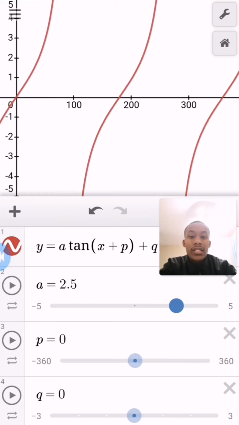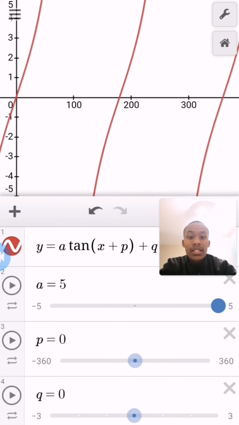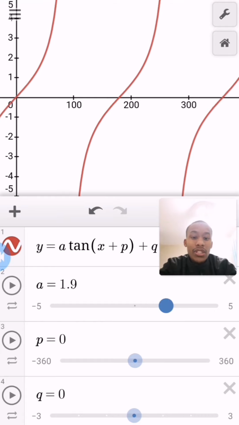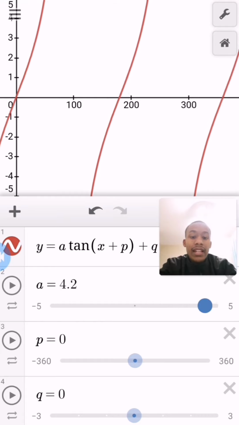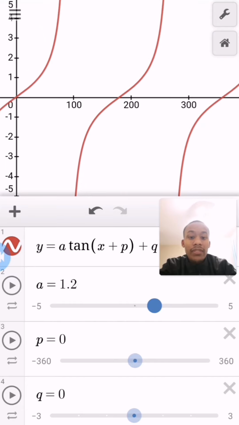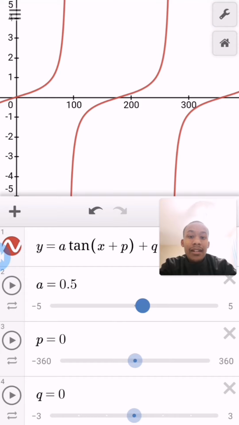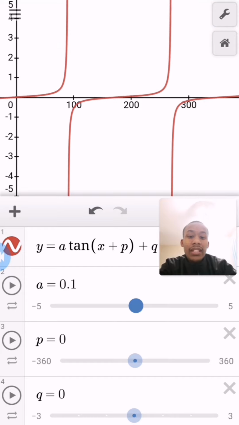And so let's look at what happens when you increase a's value. If I increase a's value, can you see how the graph thins out? It also gets stretched vertically. So that stretch looks like it's thinning out. And then when we make a small a value, let's make it 0.5, 0.4. Can you see what's happening? And watch when it goes to the negative.